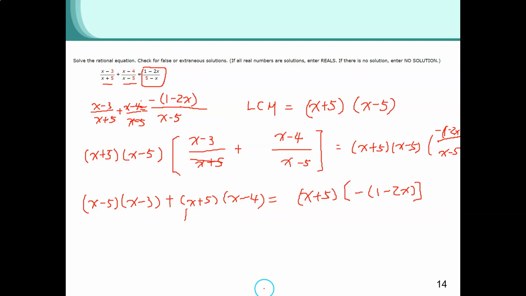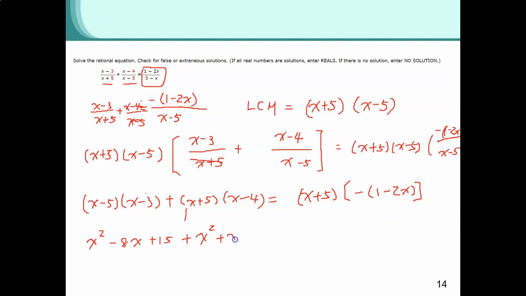Okay, so now we clean up here, multiply these 2, use a FOIL, so I will have x squared minus 5x minus 3x. I will have minus 8x and plus 15. Plus, multiply the first 2, I will get an x squared plus 5x minus 4x.